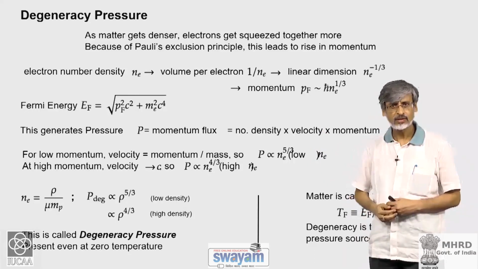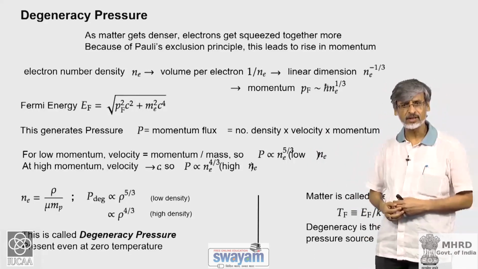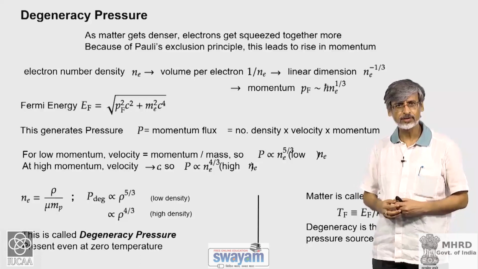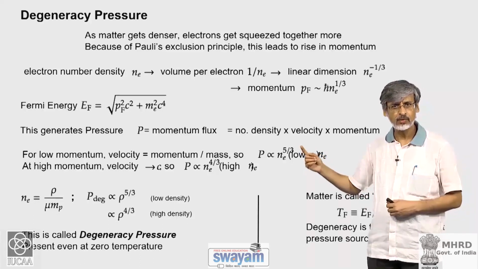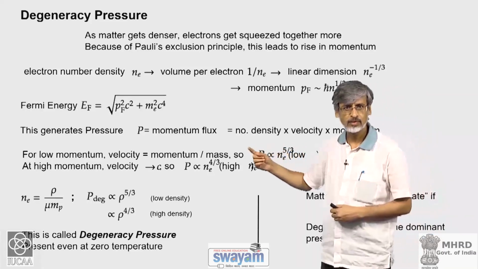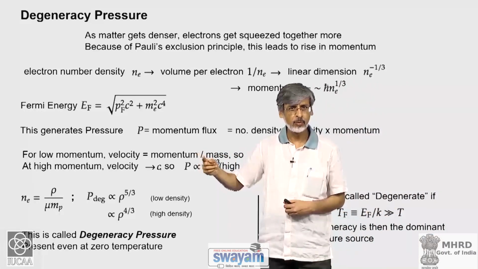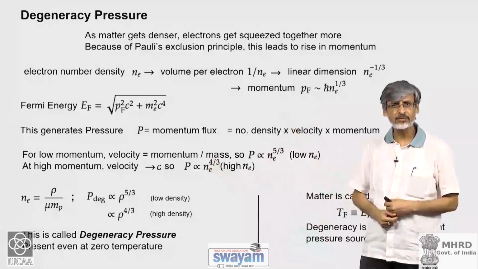For velocities that are not relativistic, that means when the velocities are small, we can write the velocity simply as momentum divided by mass. The velocity itself is p f over m e.